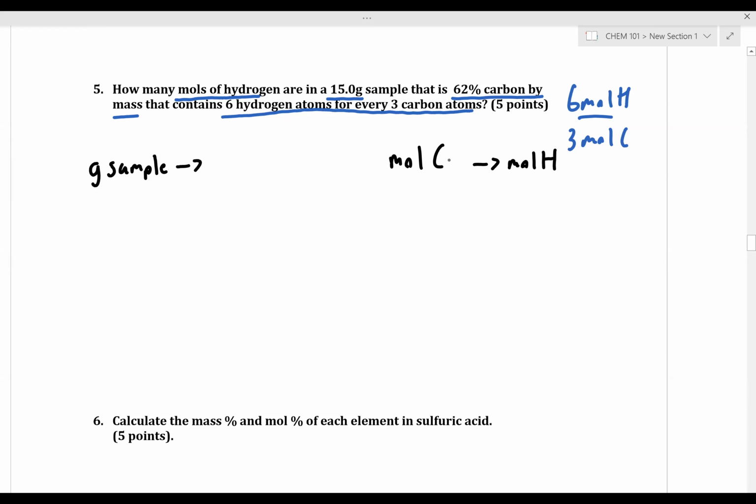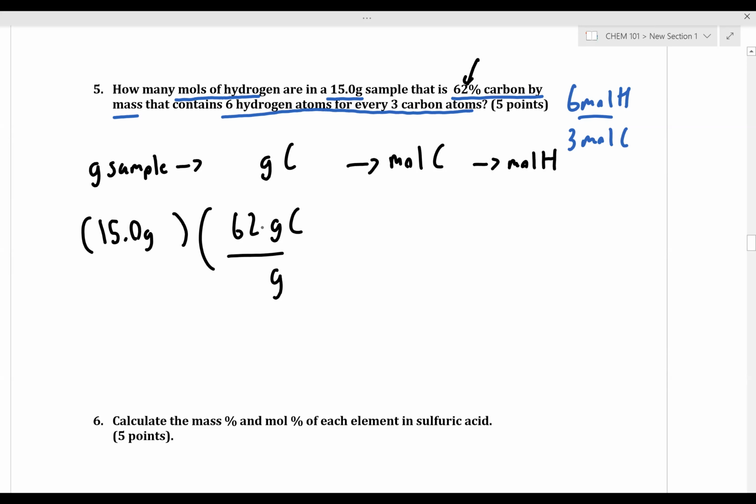Okay, and where are we going to get the moles of carbon from? Grams of carbon. And can we get the grams of carbon from the grams of sample given our mass percent? Yes. So given that we have 15.0 grams of sample, we know this 62%. How many grams of carbon do we have per how many grams of sample? 62 over 100.